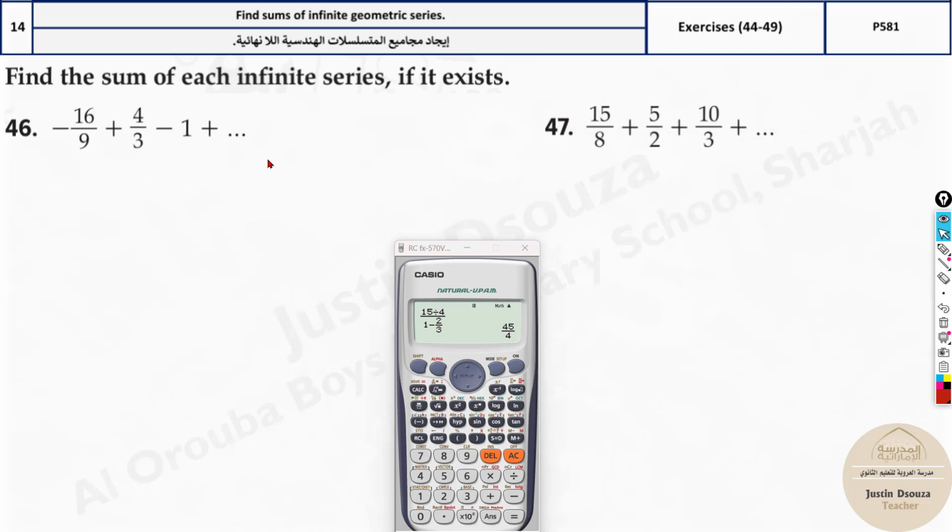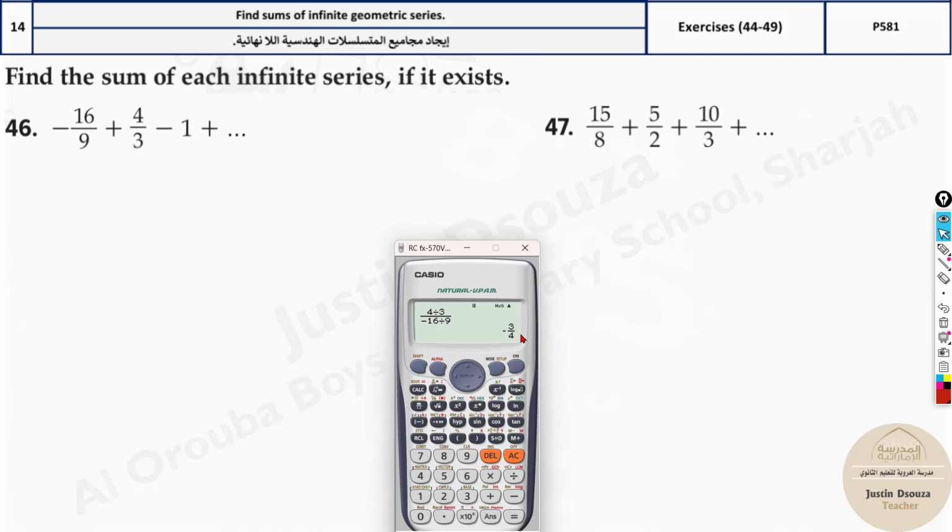Similarly, please do try these. Now here, remember it's negative, but it doesn't matter. When you're finding r, 4 divided by 3, and over here it is 16 divided by 9. But don't forget the sign, minus. It's negative 3/4. But is the magnitude of the r value less than 1?